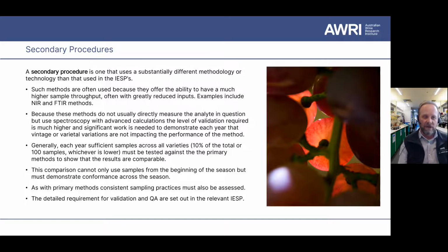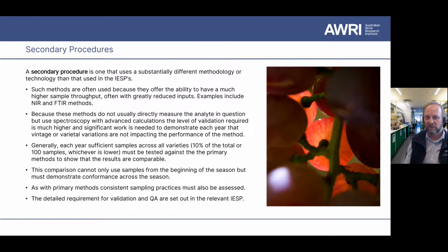It has to be acknowledged, however, that the standard IESPs for sugar and colour aren't always the most appropriate for all facilities, especially in very large facilities with high throughput. Secondary procedures may be required.